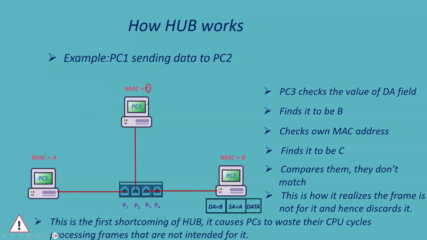Because of that, PC3 had to spend CPU cycles to check if the destination address matched its own address, and then discard the frame, whereas PC2 accepted it. So this is one of the drawbacks of the hub: it floods unnecessarily, even to the ports where it should not. But this is the property of the hub. It just floods, and this is one of the disadvantages of flooding.